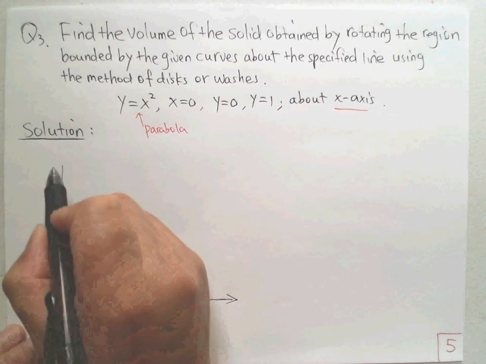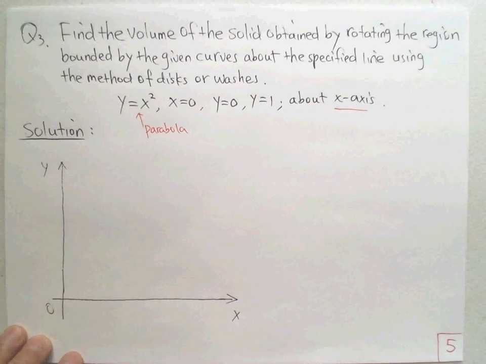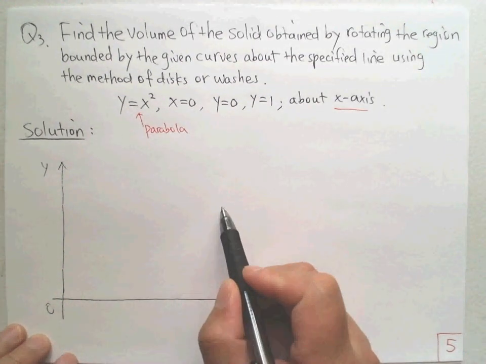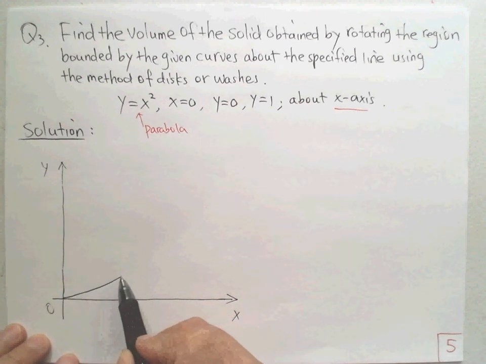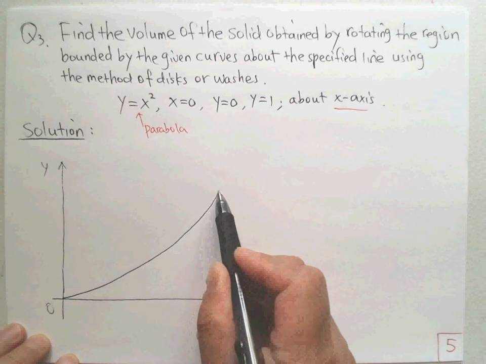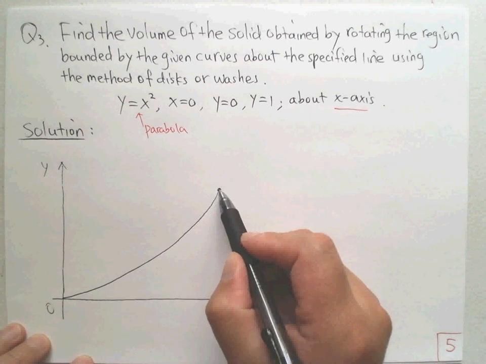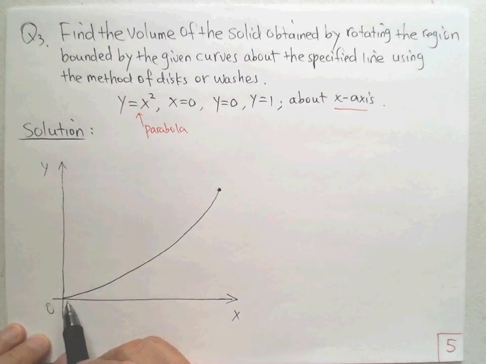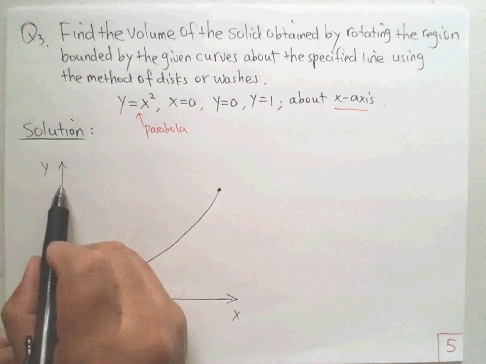I think I will draw like this. This is O, this is Y, so this is X. And the first function, I still going to draw like this. Can you see? X is a power, that's square. This square function, if I stop here, X equals 0 is the left.